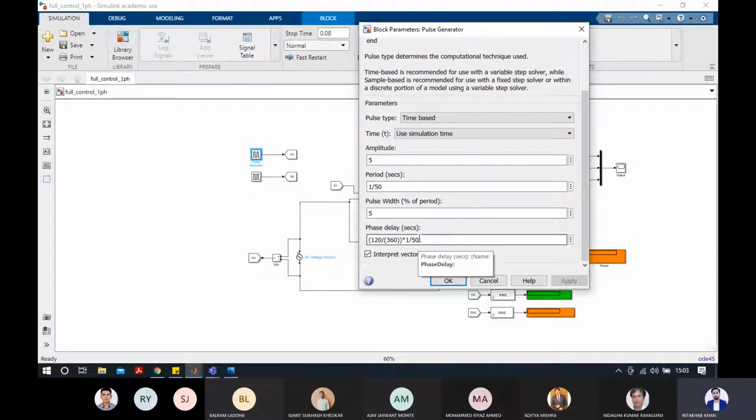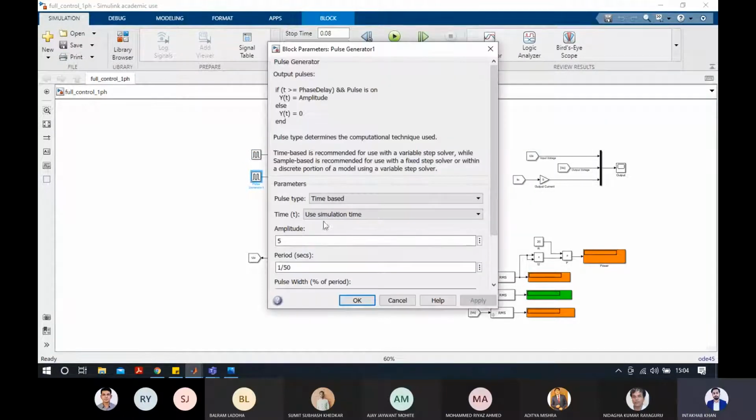So one time period, 360 degree, will take 1 by 50 seconds, which comes to 20 milliseconds. For 1 degree, it will be 1 by 50 divided by 360, and for 120 degree, it's 120 into 1 by 50 by 360. In this way, the phase delay of 120 degree is set for this pulse.